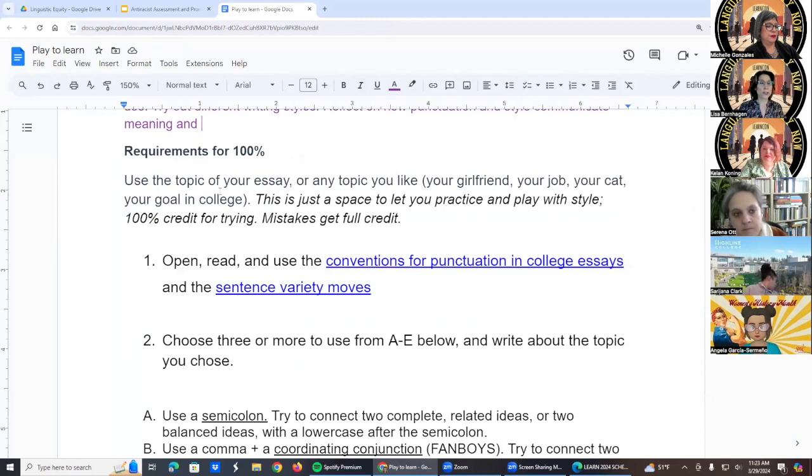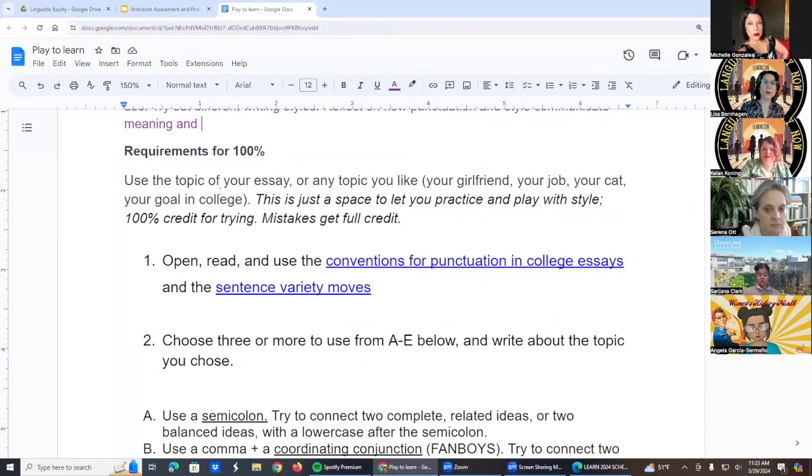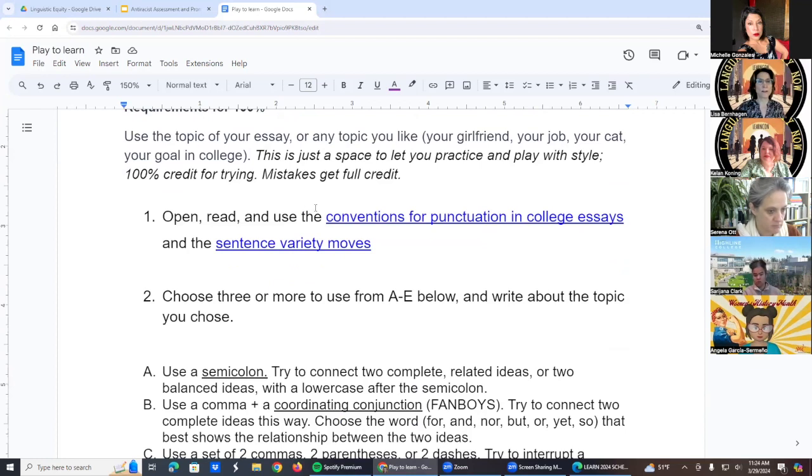So for 100%, they just need to choose a topic. If we're working on an essay, they can choose that topic, or they can choose any topic they like. I often encourage them to write about their girlfriend or their cat or their goals in college. This is just a place for them to play and practice with style. And whether they make a mistake or follow the convention, doesn't matter. They're just getting credit for trying.